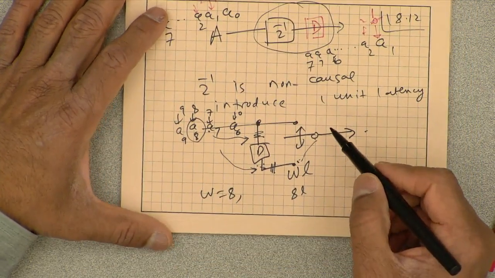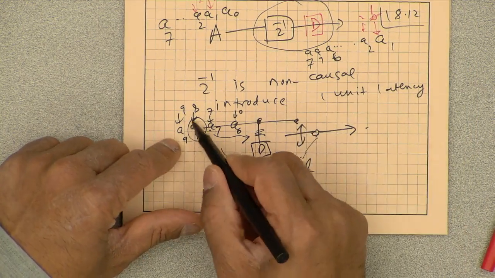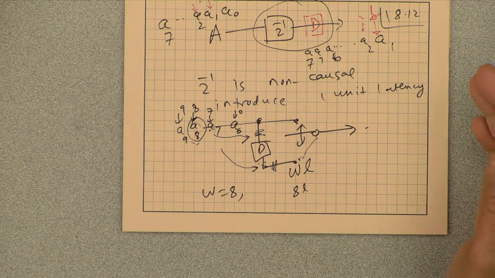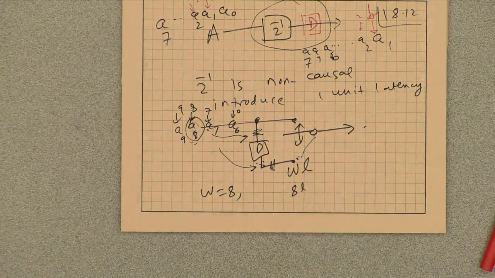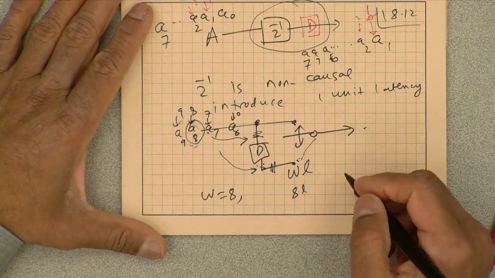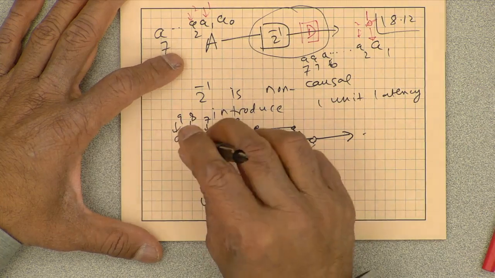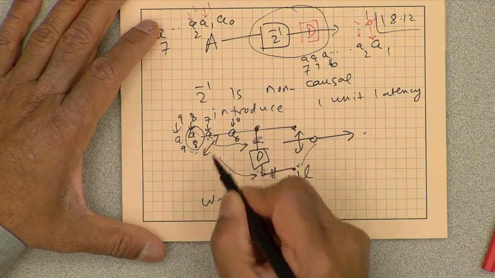And at the same time, because the switch is never pointed here, whatever came in clock cycle 8, A8, is never even fed to the output. So this switch, or the 2 to the power minus 1 followed by the delay, is killing two birds with one shot. It's eliminating the LSB and sign extending the MSB at the same time.